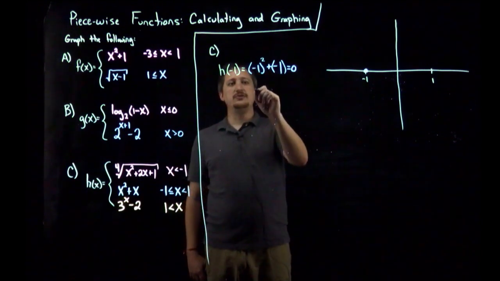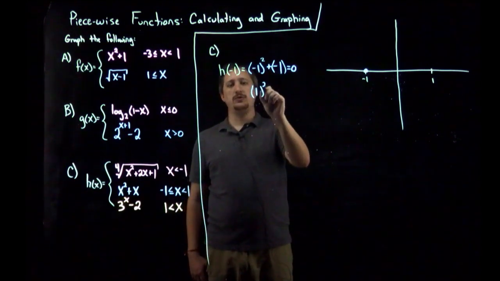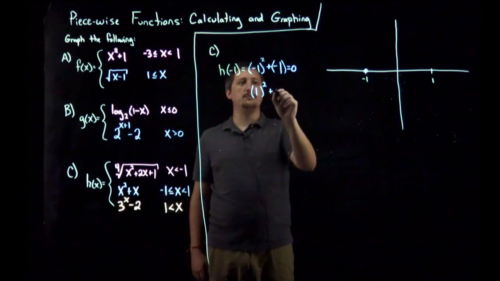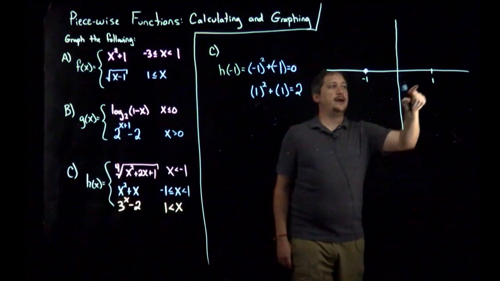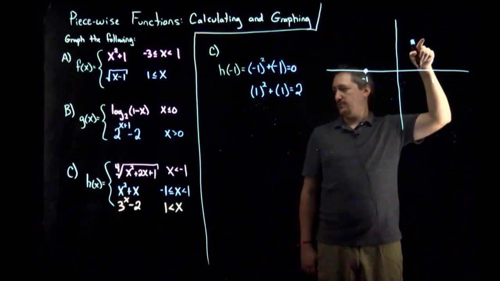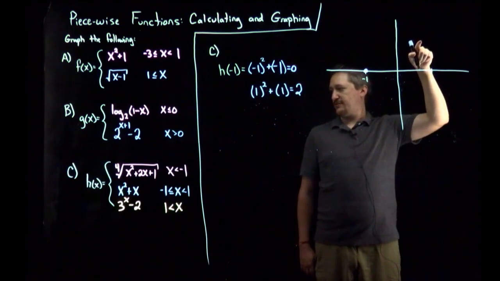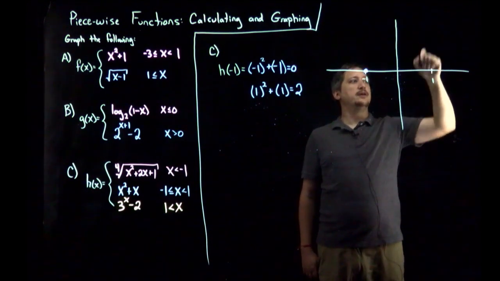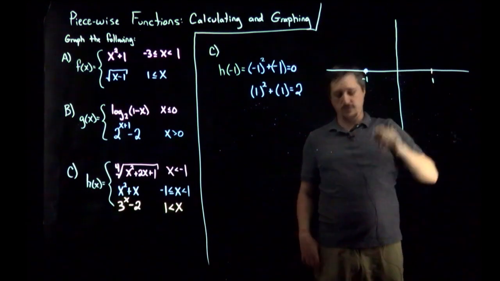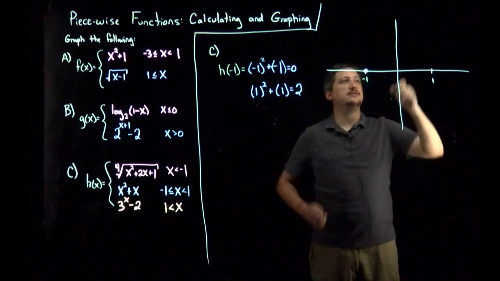So if I used 1 with this middle piece, I'd have 1 squared plus 1. This is 2. So at 1, I'm going to have 2. Let me make sure this is going to be reasonable here. Yeah. So at 1, I'm going to have 2. So let me do this.